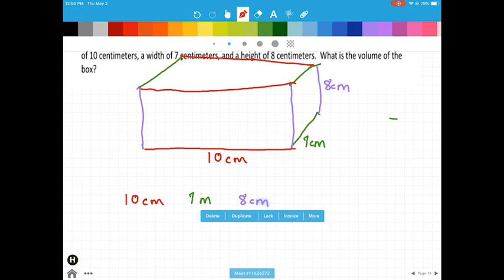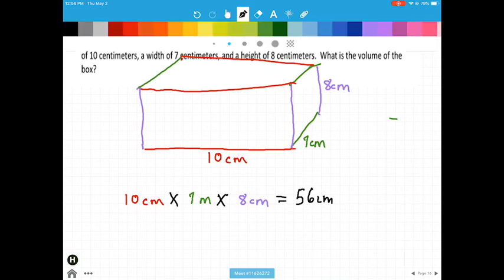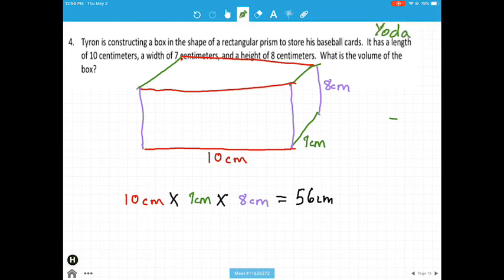We're multiplying across, 3 dimensions again. And this is 70 times 8. 7 times 8, I'm letting you figure it out. 7 times 7 is 49, plus 7. I forgot a C for the centimeters here. And we have 56 centimeters cubed.